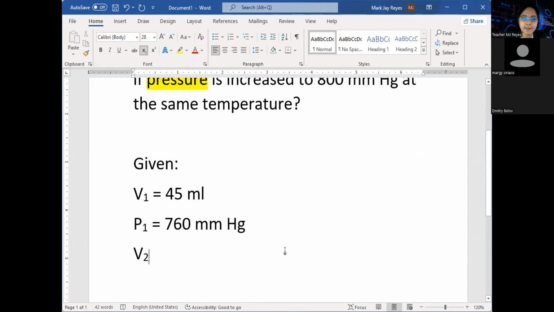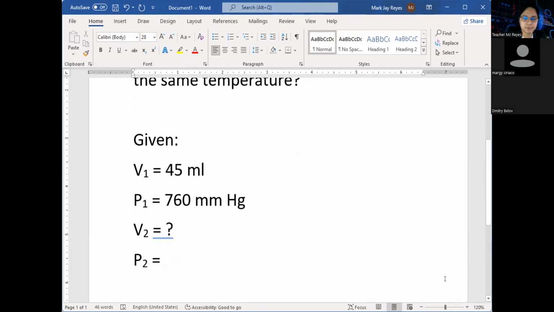The problem is asking about the volume of the same gas if we increase the pressure to 800 millimeter of mercury. Okay, this is unknown. And the pressure 2 is given there, correct? The pressure 2 is equal to 800 millimeter of mercury. So we raise the pressure to 800 millimeter of mercury.